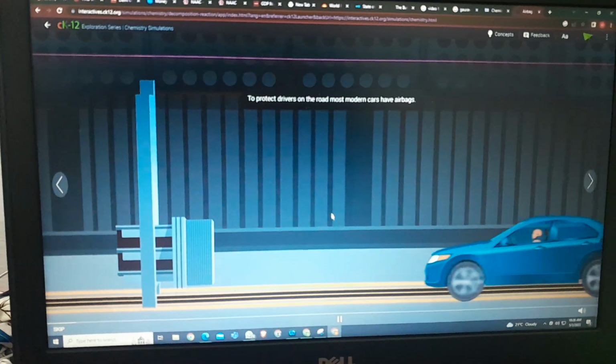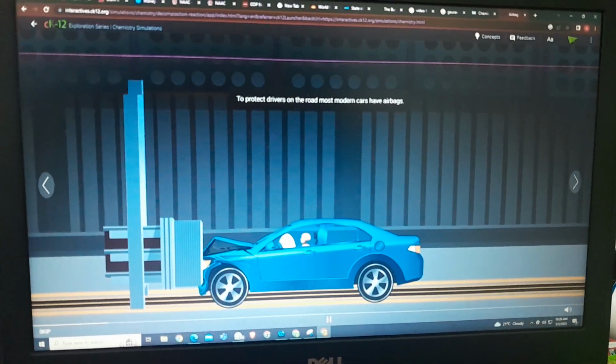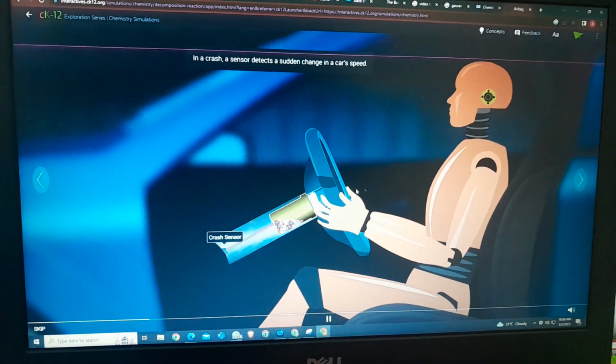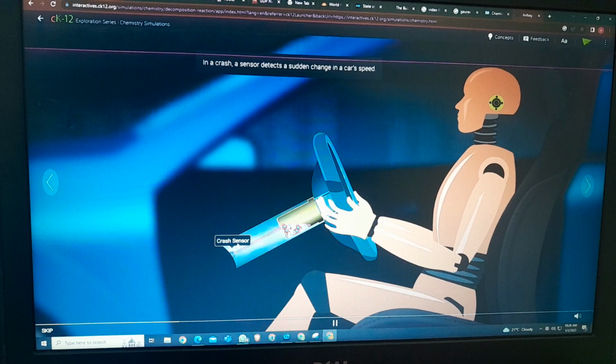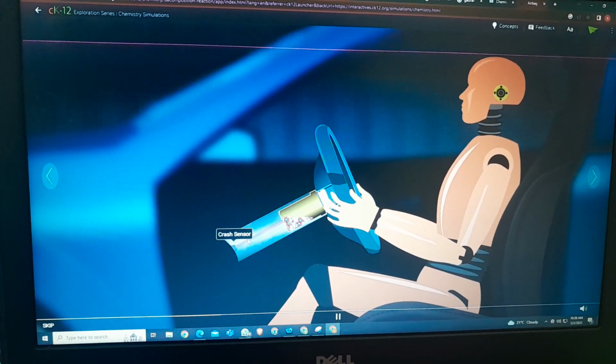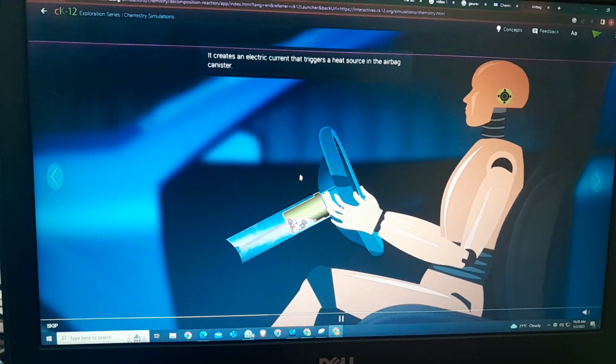So what To protect drivers on the road, most modern cars have airbags. Look at the test dummy here. In a crash, a sensor detects a sudden change in a car's speed. It creates an electric current that triggers a heat source in the airbag canister.